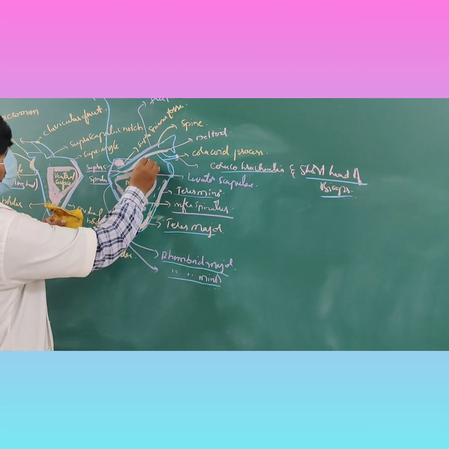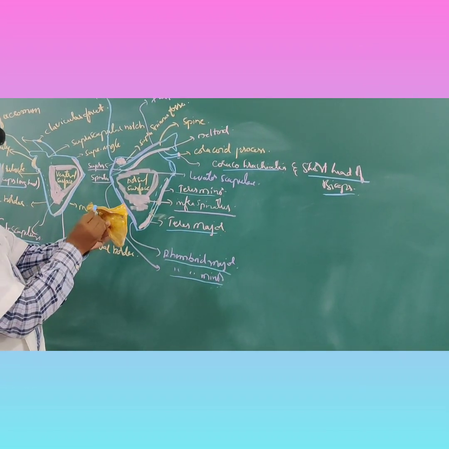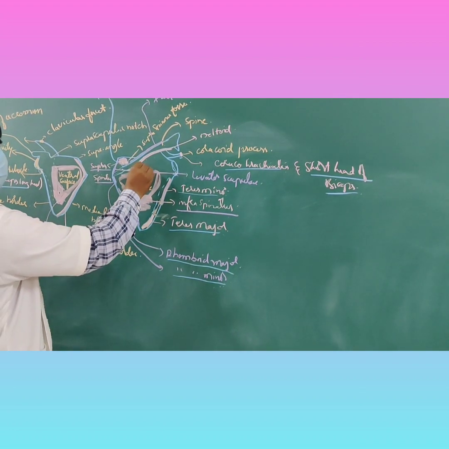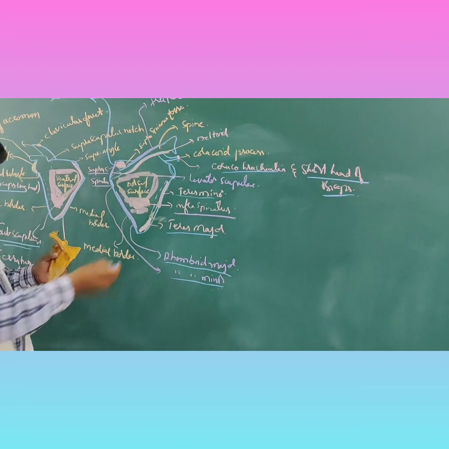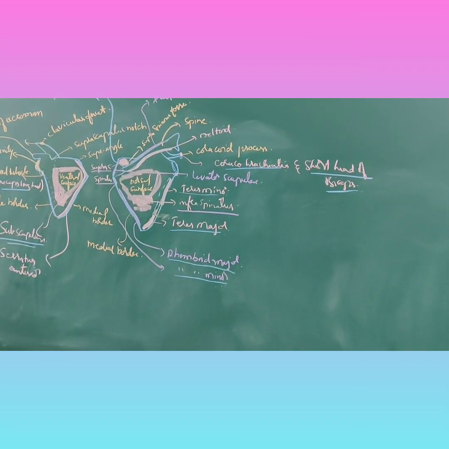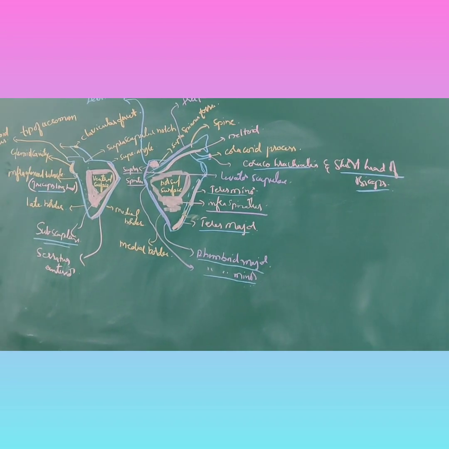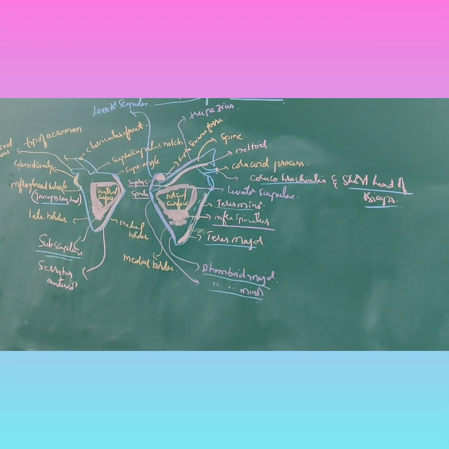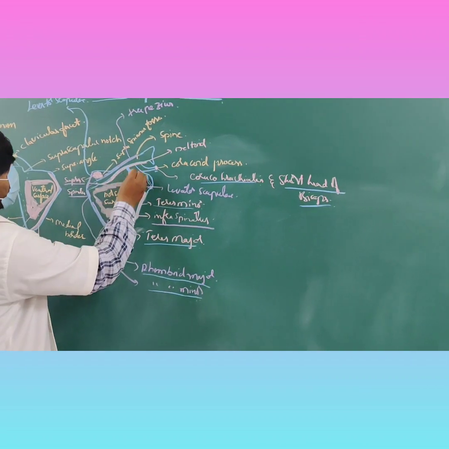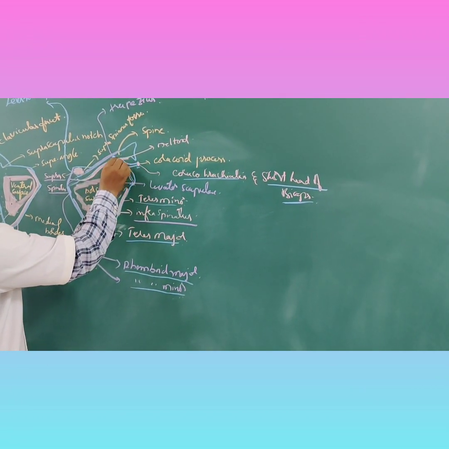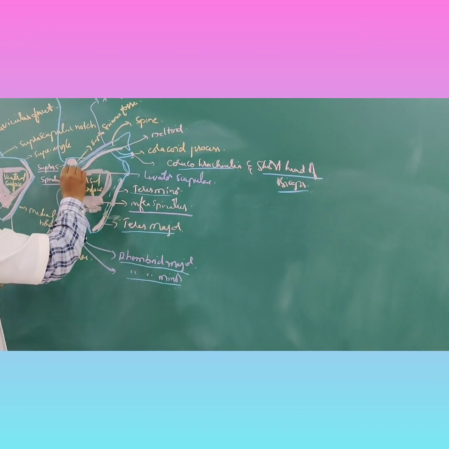You can also see the origin of the deltoid muscle from the crest of the spinous process of the scapula. Basically this is the crest of the spinous process of the scapula.